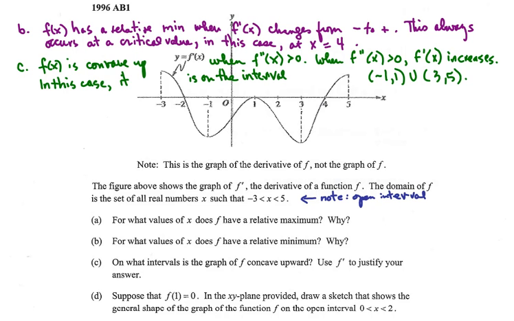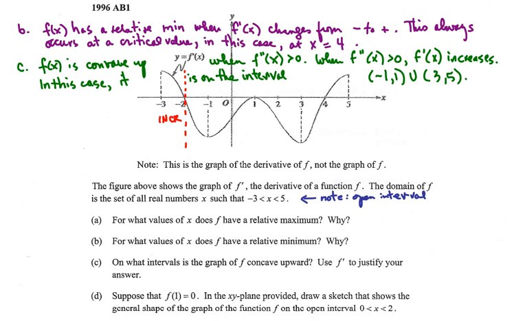Well, in the interval from -3 to -2, the first derivative is positive, and so the original function is increasing. The next thing I know is that the first derivative is decreasing, even though the first derivative is positive and the original function is increasing.